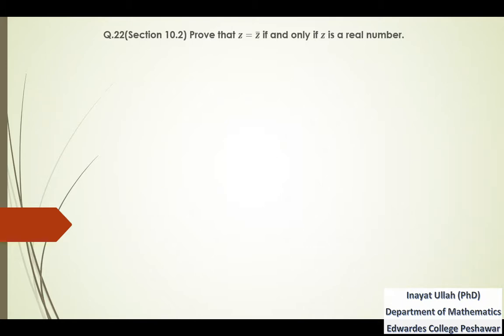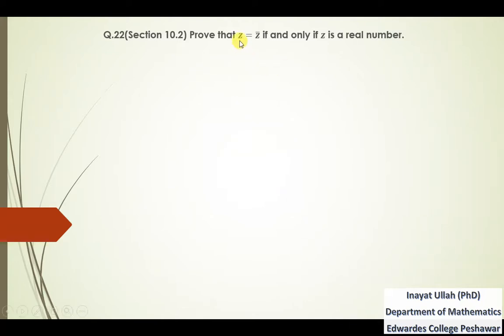Now that is the slide which is a bit important from the examination point of view. This is question number 22, section 10.2, where the question is to prove that Z is equal to Z conjugate if and only if Z is a real number. What does it mean?